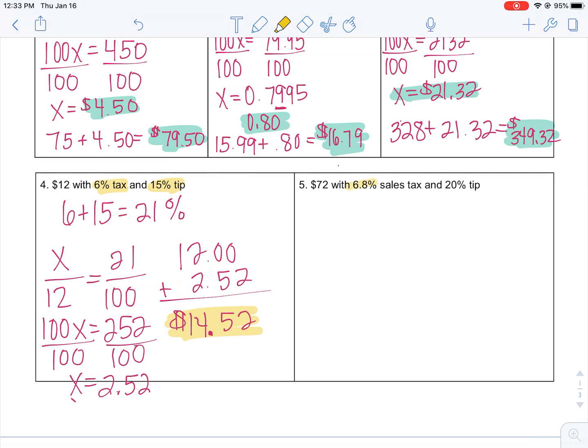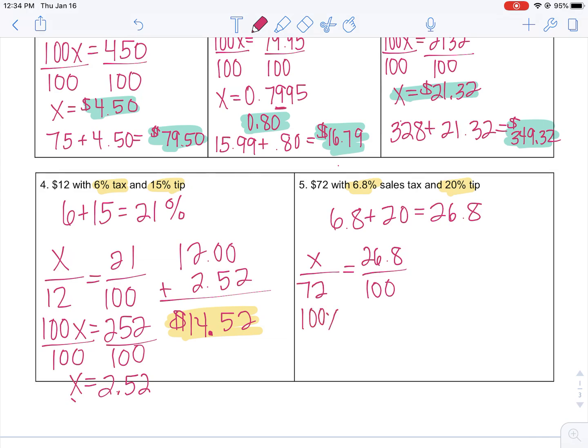All right, last problem, we're going to take a 6.8% tax plus a 20% tip. So 6.8 plus 20 gives us 26.8%. So I have my part over my whole equals my percent over 100. 100x equals 72 times 26.8, 1,929.6 divided by 100 will give me my tax and my tip.